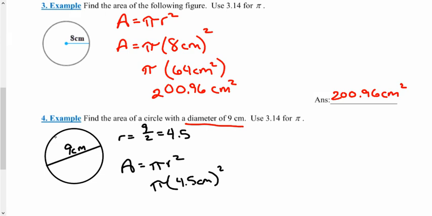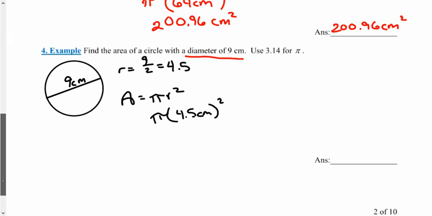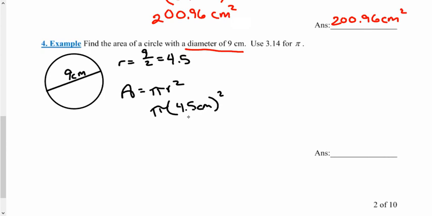Okay. And then we're going to first go through and multiply 4.5 times 4.5, because we have to do that before we multiply it by pi. When you do that, you're going to get pi times 20.25. Right? If you just multiply 4.5 times 4.5, then you're going to end up getting that 20.25. Now pi, we said we're going to use 3.14.